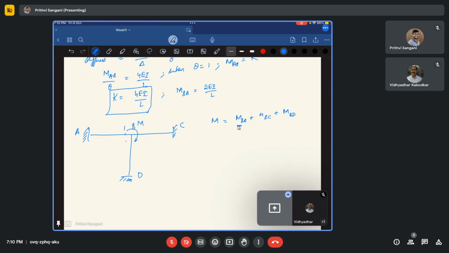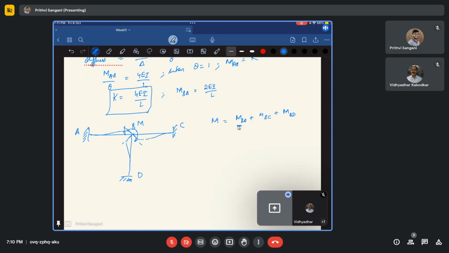We know there is a rotation theta here. Let us say it is rotating something like this. As per the definition of a rigid joint, what is it? After the rotation, the angles between each member at the joint will be maintained.